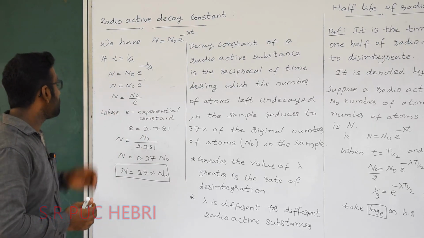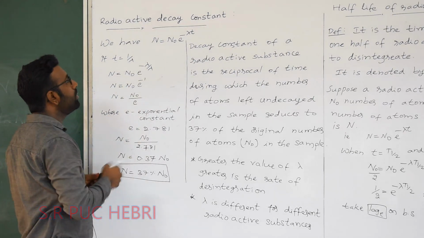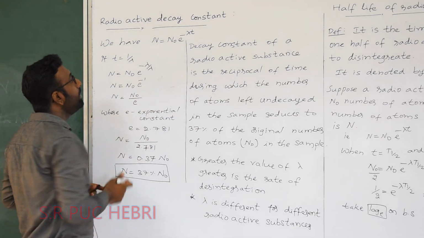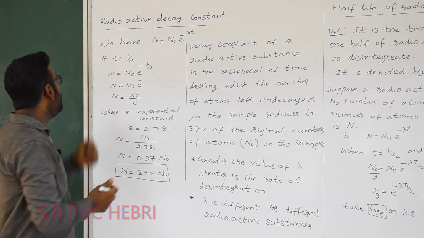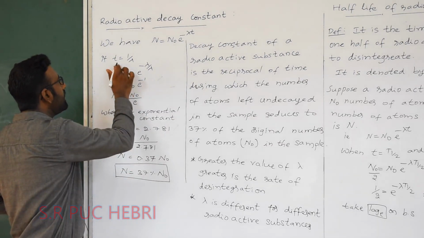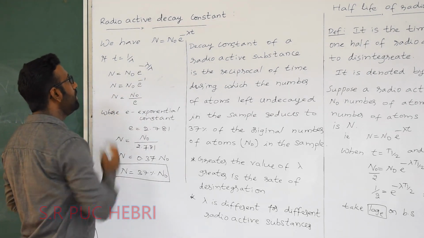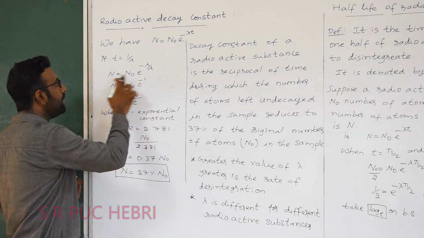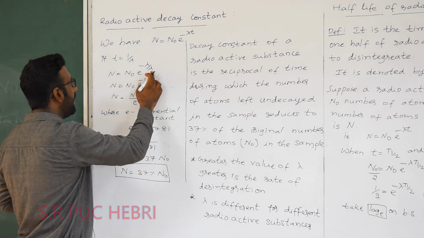From the radioactive decay law, we have N is equal to N naught e to the power minus lambda t. Okay, this is the statement. Now if we substitute t is equal to 1 by lambda in this equation, we get N is equal to N naught e to the power minus lambda divided by lambda.